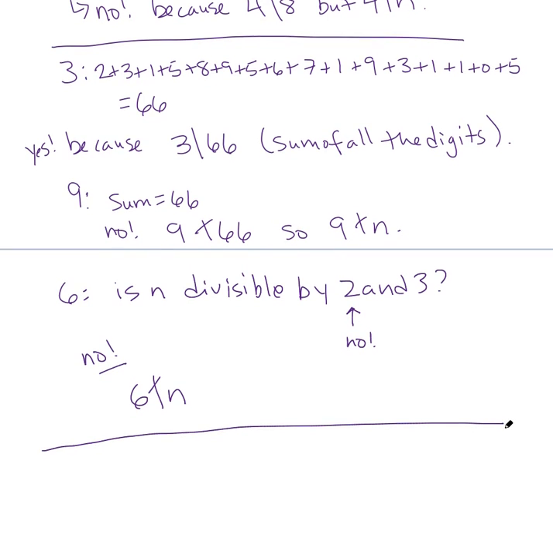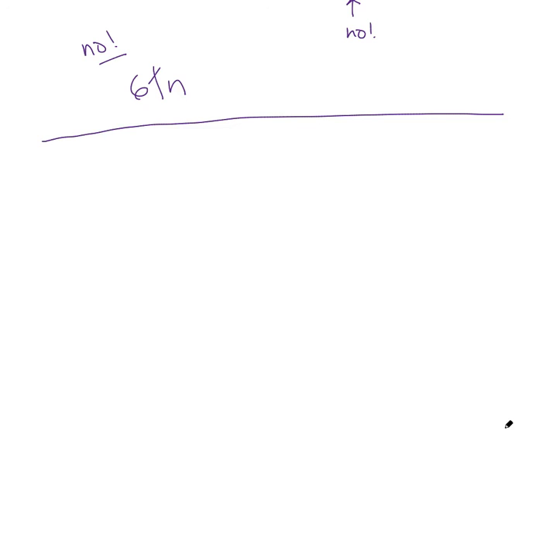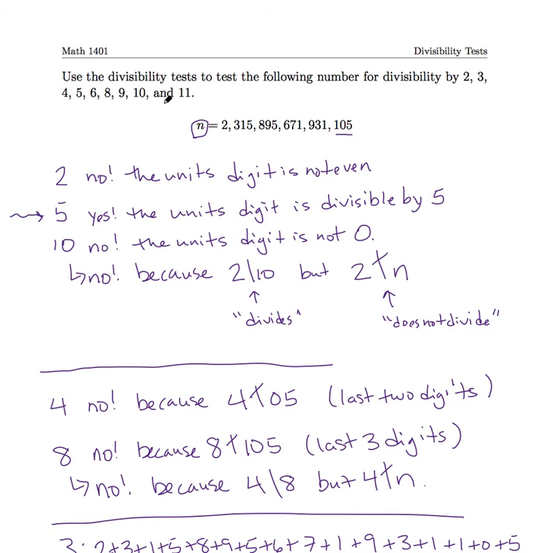Okay, moving on to our last one. This one involves the most amount of work. So we're going to check for divisibility by 11. What we're going to do is look at two different sums of digits, subtract them, and then see if that result, that difference, is divisible by 11. So let's go back up to our number here.